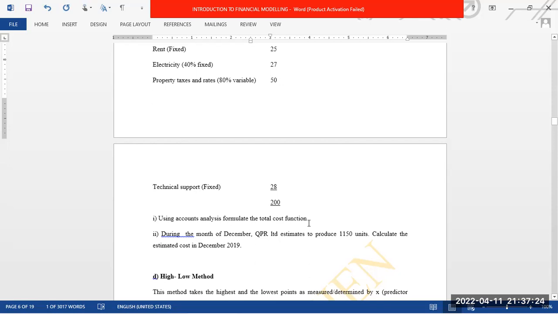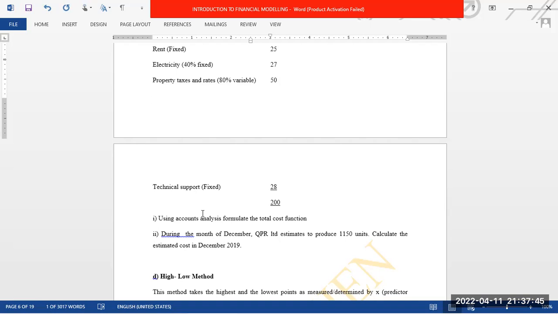So we are just going to take a step-by-step look at how to get the total cost function using the account analysis approach.